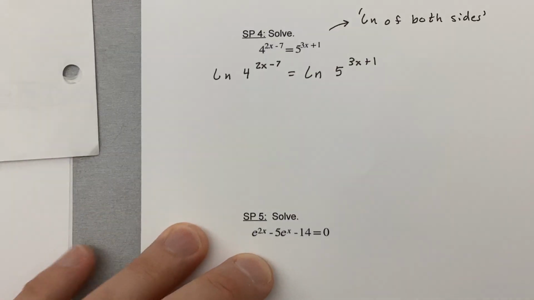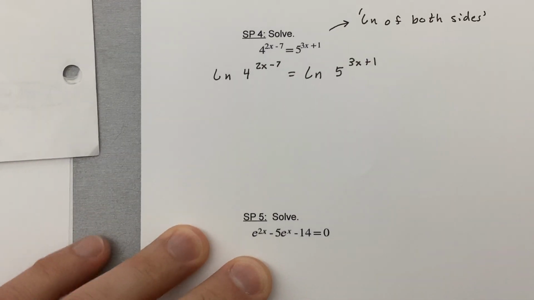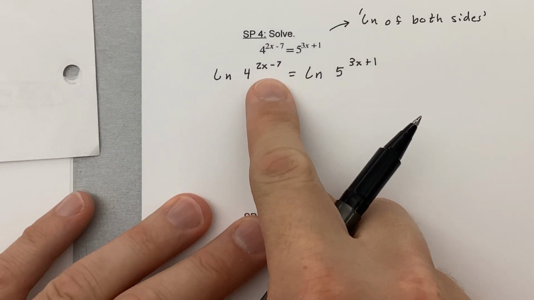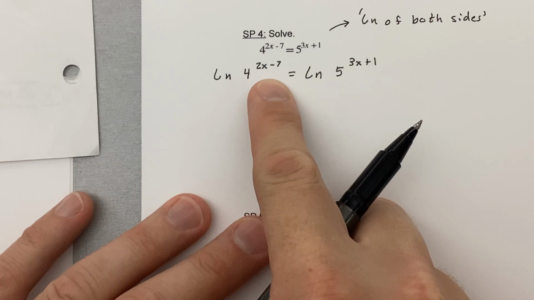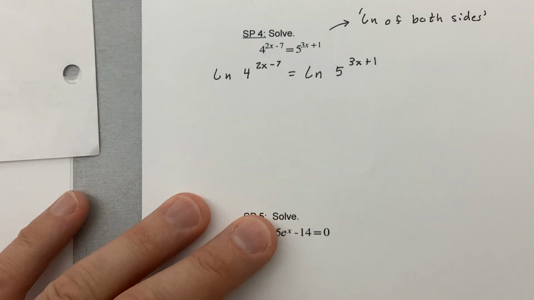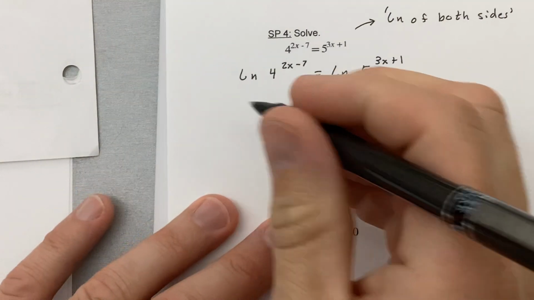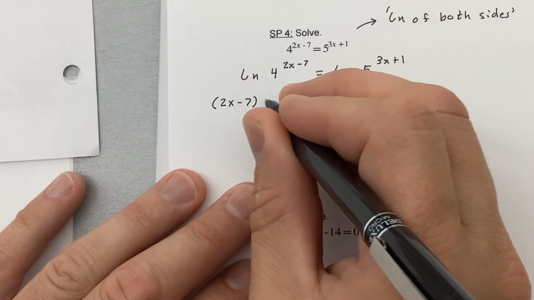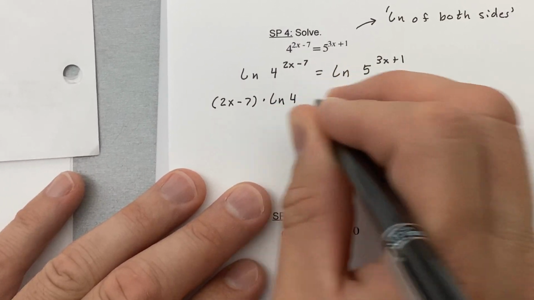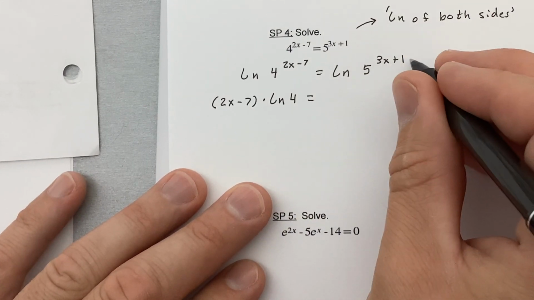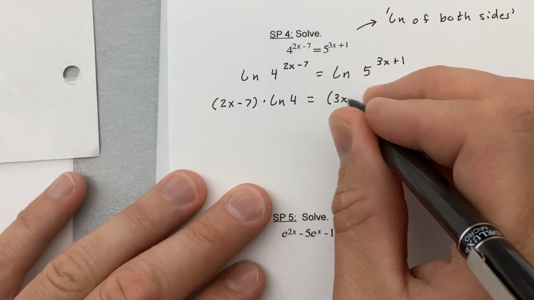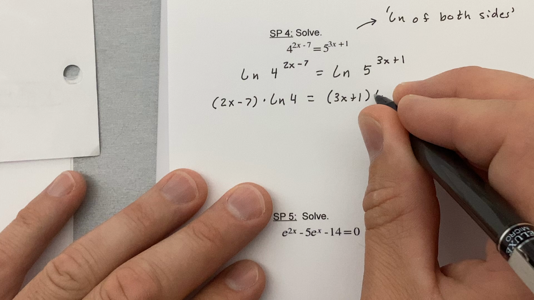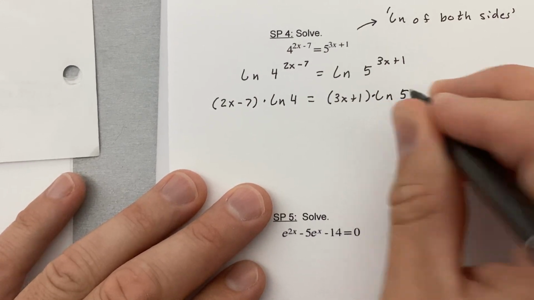Reason being, exponent on both sides. 2x minus 7, even though it's an expression, it's still the power, so we can bring it down in front. So 2x minus 7, all of that, times the natural log of 4. 3x plus 1, same idea. 3x plus 1, all down in front, times the natural log of 5.